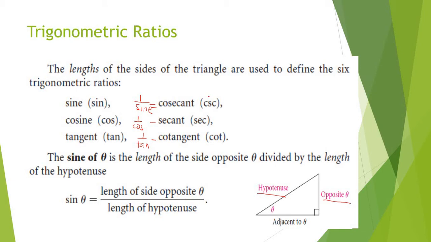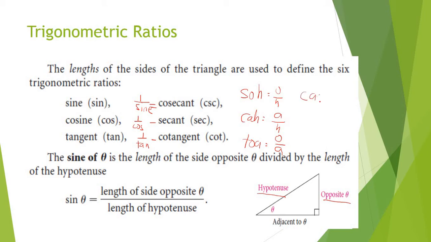That is why we have what we call the "saw," that means opposite over hypotenuse; "ka," that means adjacent over hypotenuse; and "towa," that means opposite over adjacent.